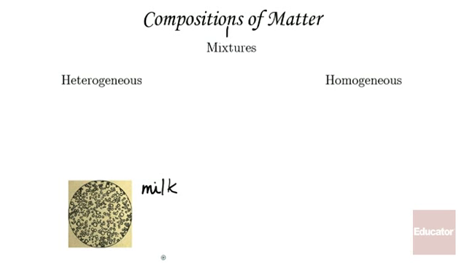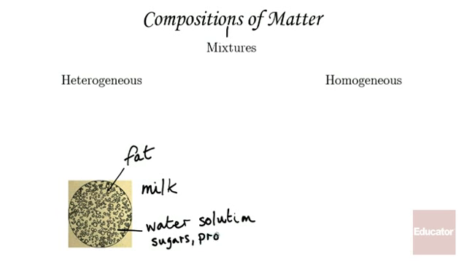It consists, in fact, of a suspension of fat globules, the fat that can be concentrated into cream or into butter from milk, suspended in a watery solution which contains dissolved in it sugars and proteins. So milk is a heterogeneous substance.